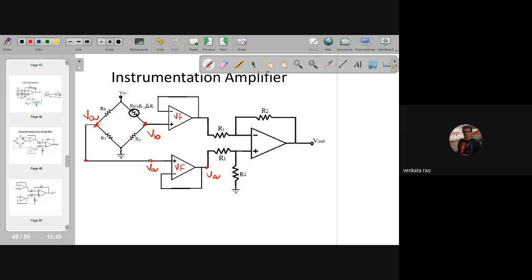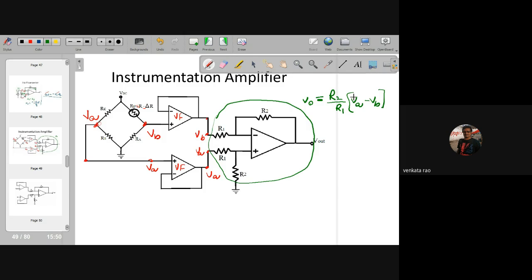Similarly, it is VB, and here also VB. And this part of the circuit is a subtractor. Now from this part we can write the output as R2 by R1 into VB minus VA. This is the equation.